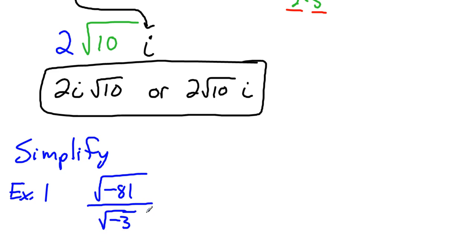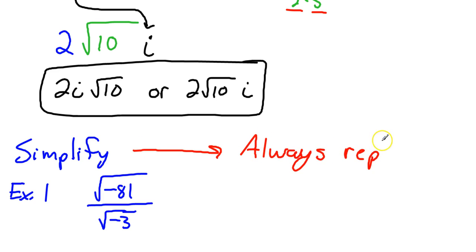So you've got the square root of negative 81 divided by the square root of negative 3. And the very first thing you have to do for these is make sure that you always replace the negative inside the square root with the I variable first.